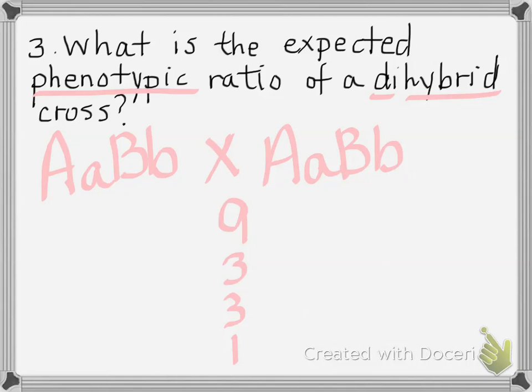So we call this the 9-3-3-1 ratio. 9 out of 16, 3 out of 16, 3 out of 16, 1 out of 16. This should be in your notes. We did it with pennies and nickels. Who's okay on that? Dihybrid. Okay.